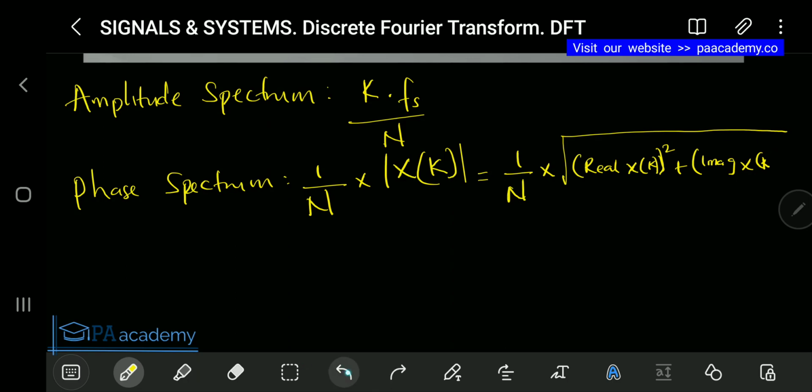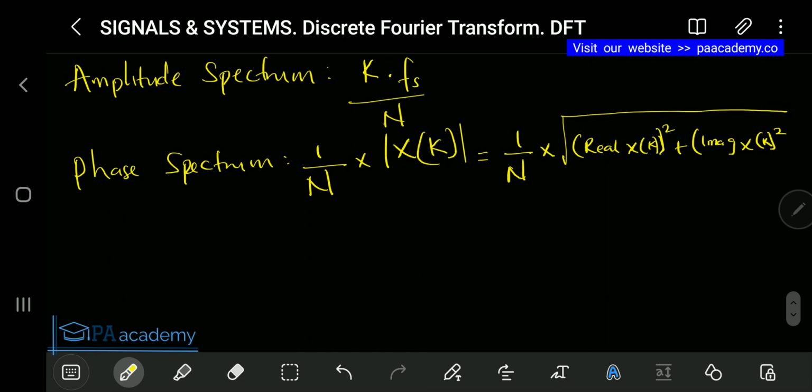I hope you can see it. The imaginary part of x of k, all squared.